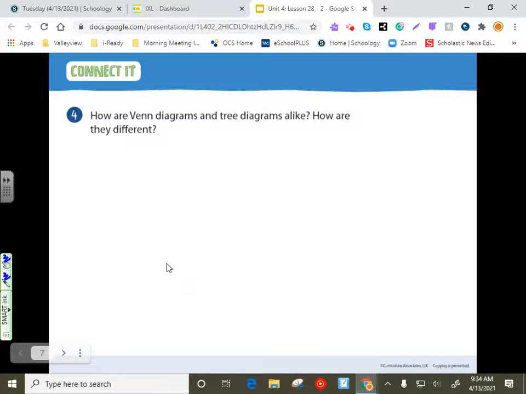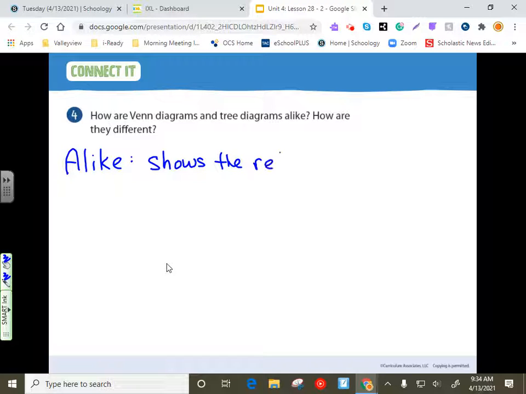How are Venn diagrams and tree diagrams alike? How are they different? They are alike in that they show the relationships between categories.